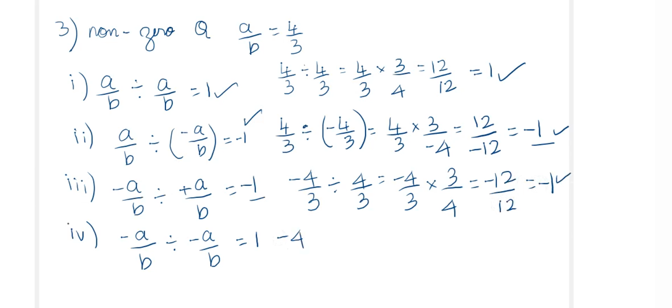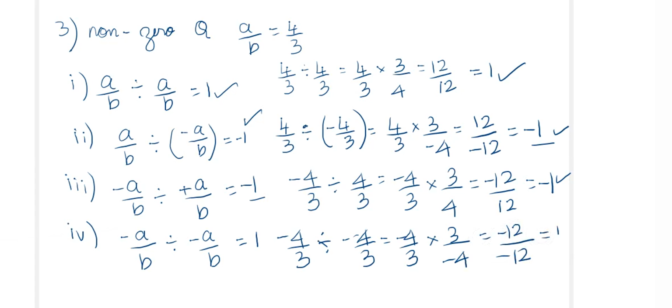Finally, minus 4 by 3 divided by minus 4 by 3 is equal to minus 4 by 3 into 3 by minus 4, which is equal to minus 12 by minus 12, which is equal to 1. So we have verified all the four results. Okay, so we come to the end of the properties of division of a rational number.